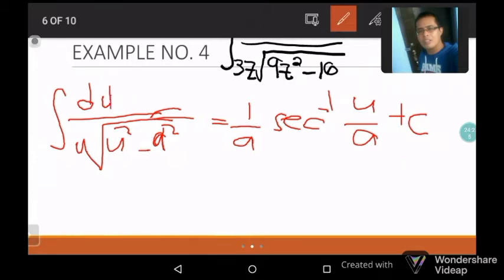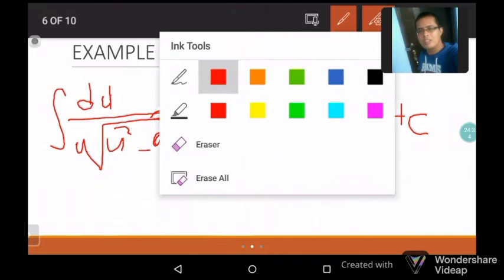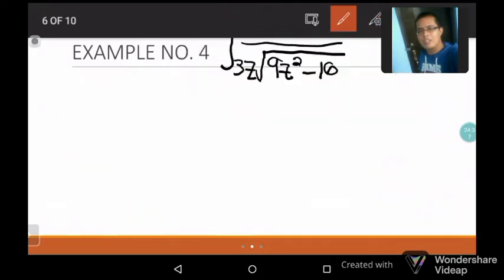So, dz over 3z square root of 9z squared minus 16. Okay, let's note u squared as yung 9z squared natin, no? Okay, so para makuha natin si u, ano nga ulit ang gagawin natin? What are we going to do? We get the square root. Yes, we're going to extract the square root of both sides of your equation.